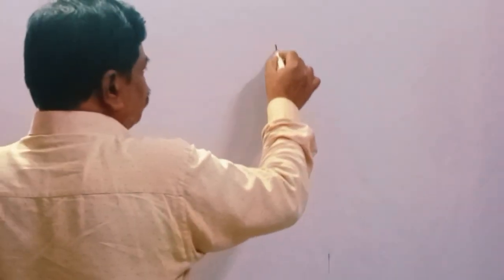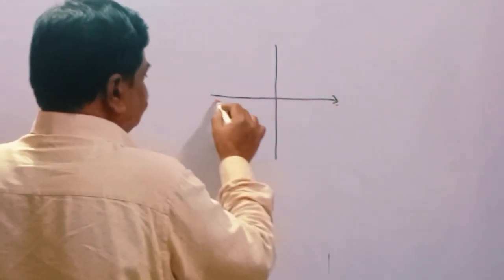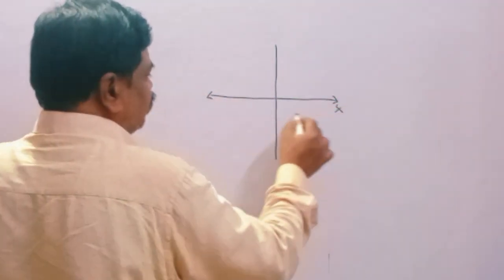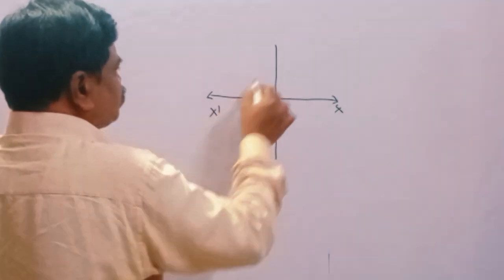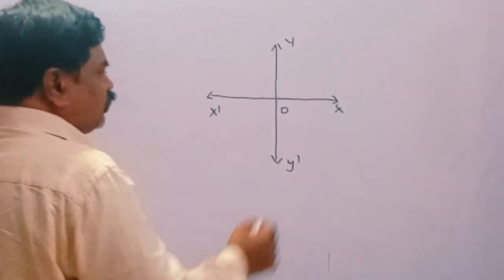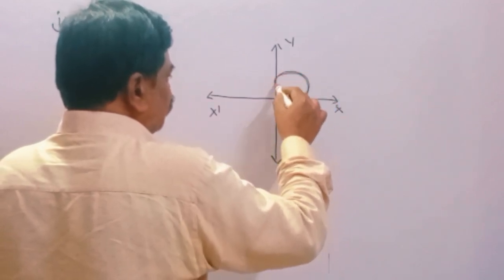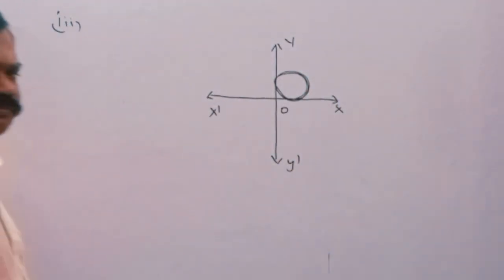Third case. So here this is the vertical axis and this is the horizontal axis. Horizontal axis X'OX, vertical axis Y'OY.